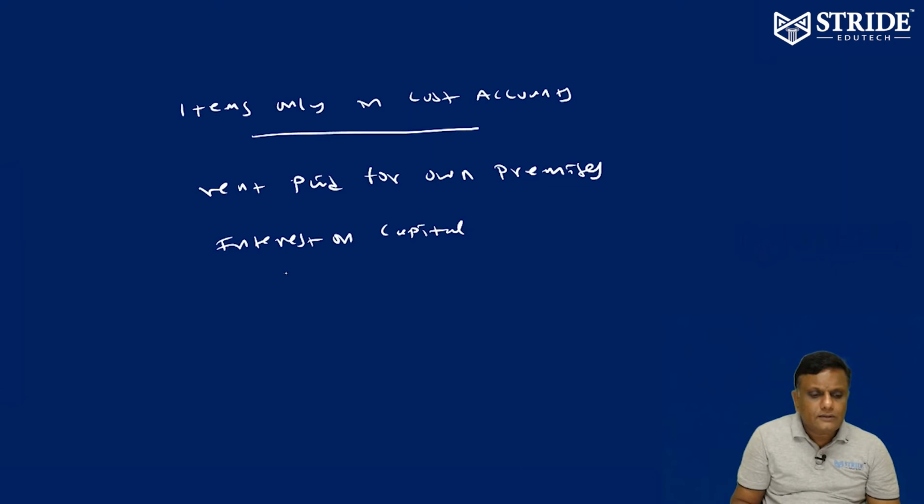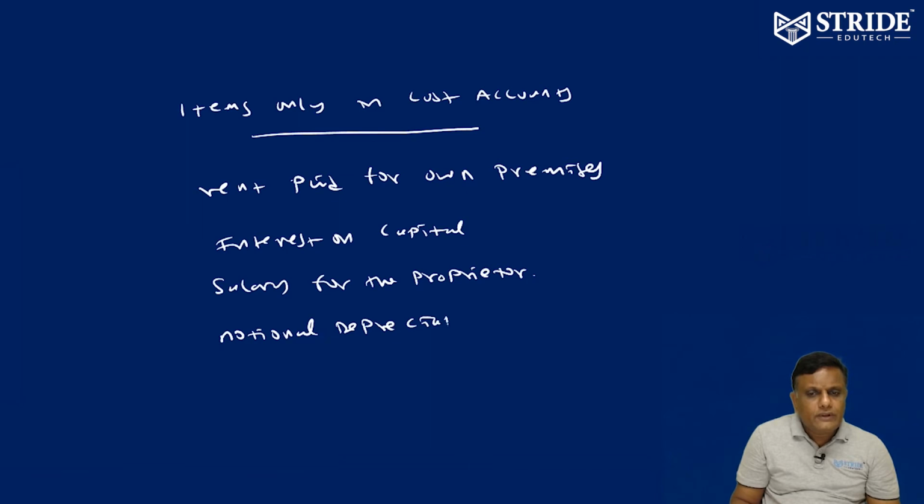Interest on capital, salary for the proprietor, notional depreciation. Right? So these are the items only in cost accounts.